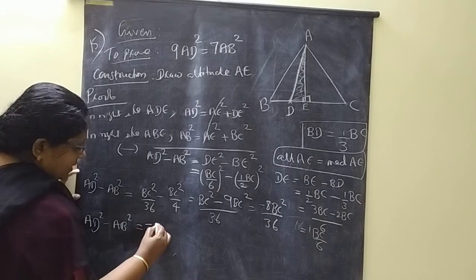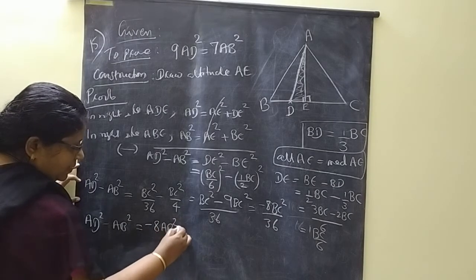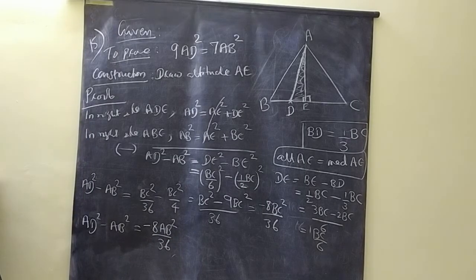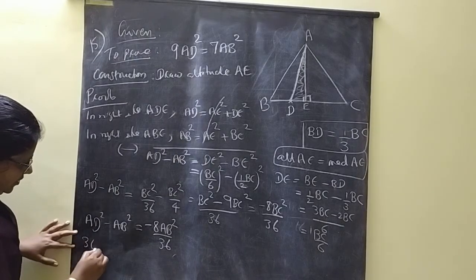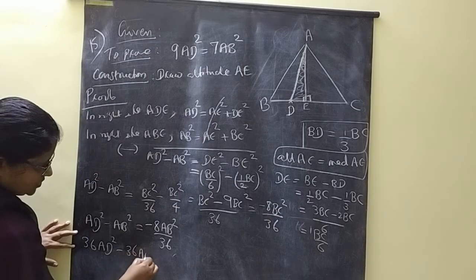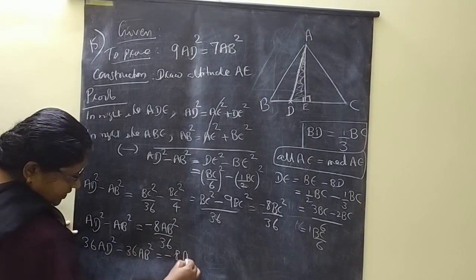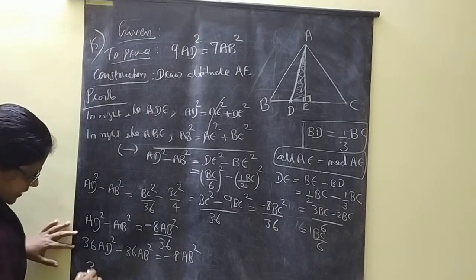So minus 8 AB square by 36. Okay? Now cross multiplying, we will get 36 AD square minus 36 AB square is equal to minus 8 AB square.